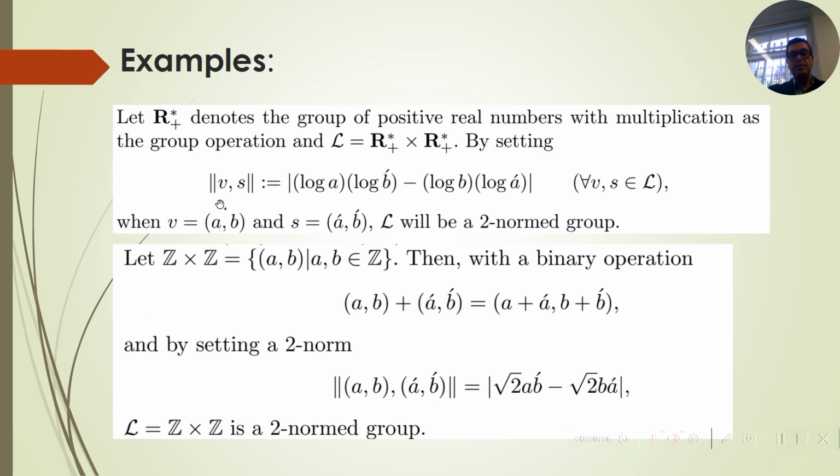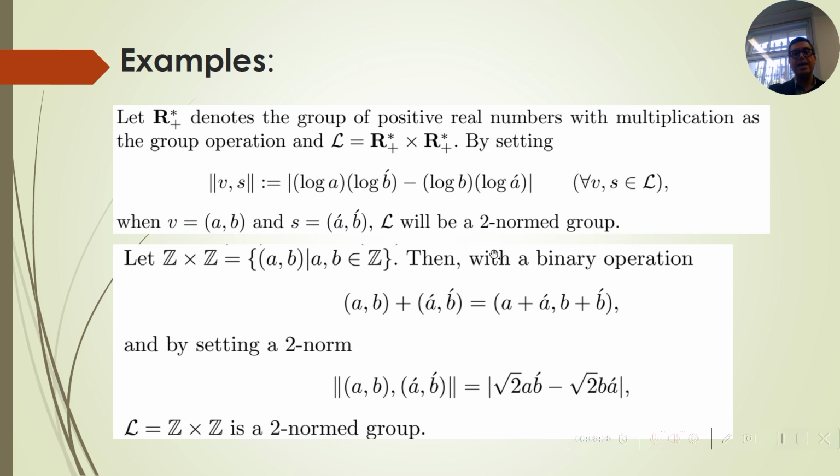By setting this norm equal to this absolute value, where V is this pair and S is this pair. Again, A prime and B prime don't have any special meaning. It just means they are different from A and B. Then this L will be a two-norm group.